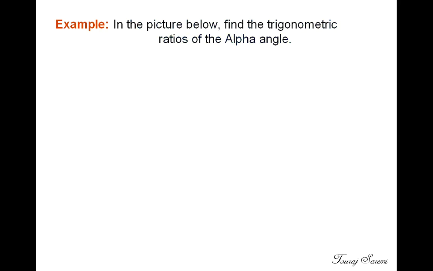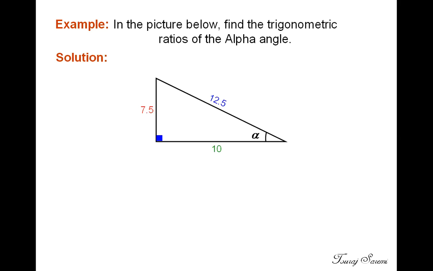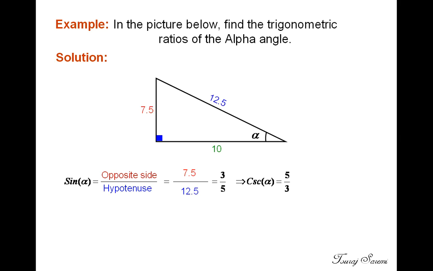Example. In the picture below, find the trigonometric ratios of the alpha angle. Solution. The sine of alpha is equal to opposite side divided by hypotenuse. So the value of cosecant is 5/3.